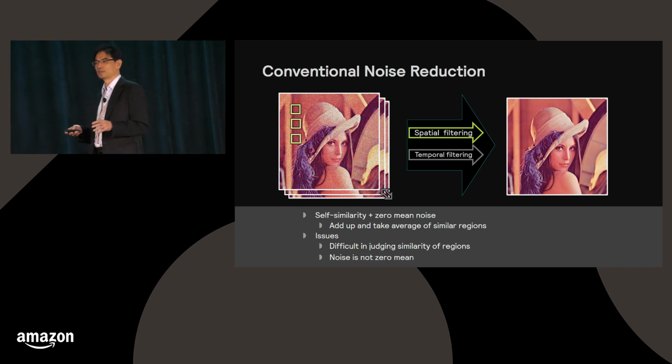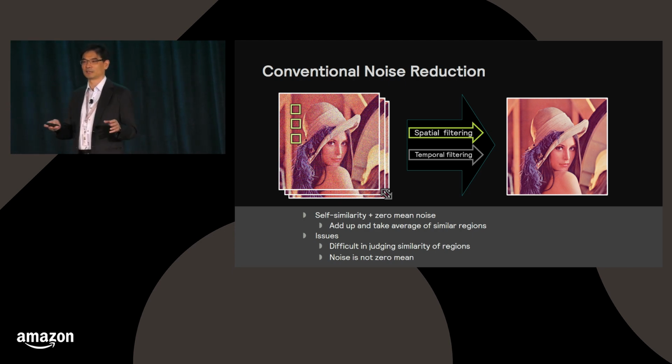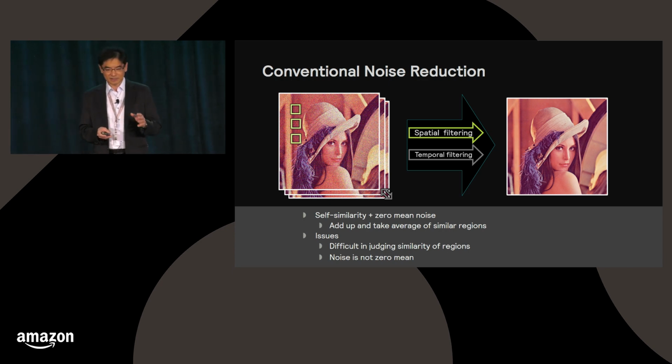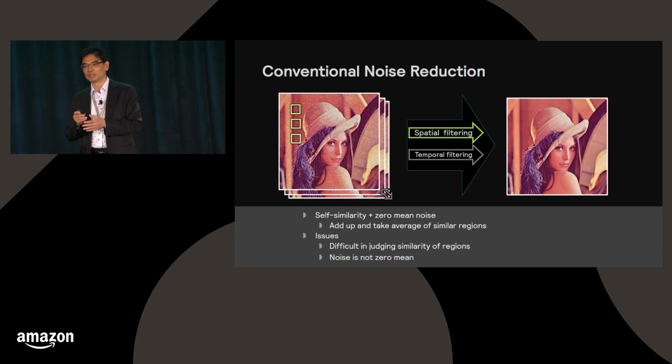So if the noise has zero mean and is white, noise can be removed, right? This can be applied in a single frame; we call it spatial filtering. You can also apply it across temporally consecutive frames.